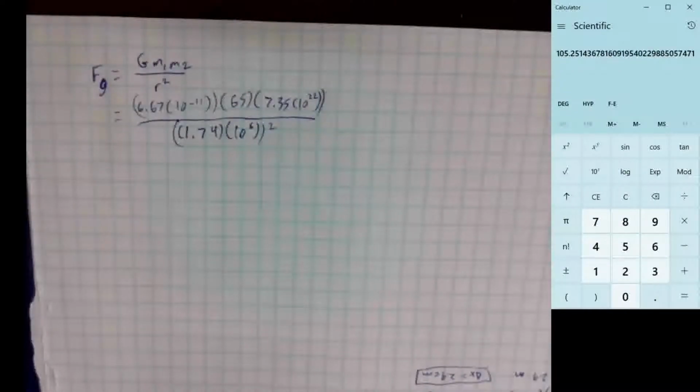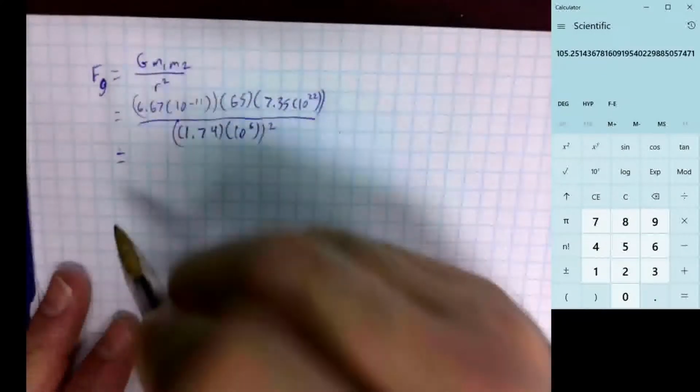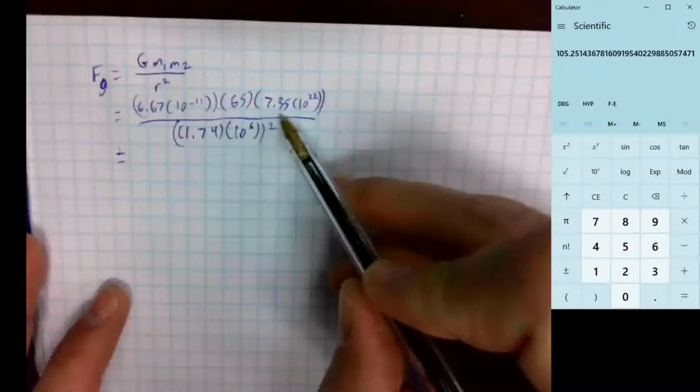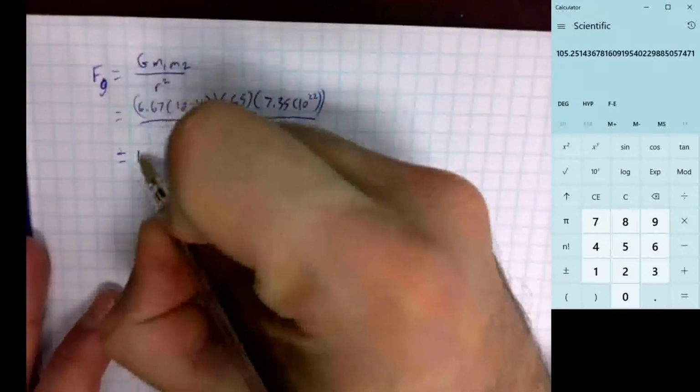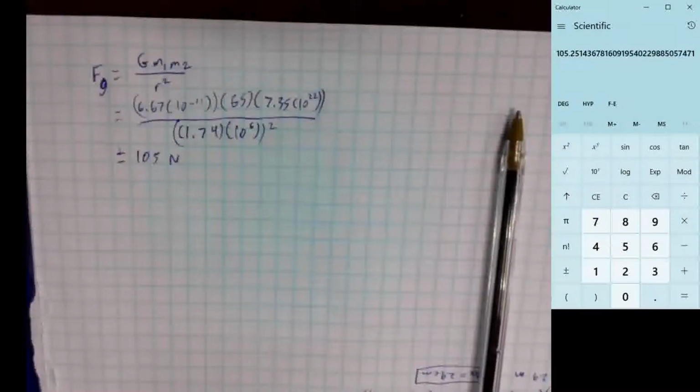So we're left with 105. We were given 3 significant digits in every given here because it was 65.0, 7.35, 1.74. So here we write down our 3 significant digits, 105 newtons.